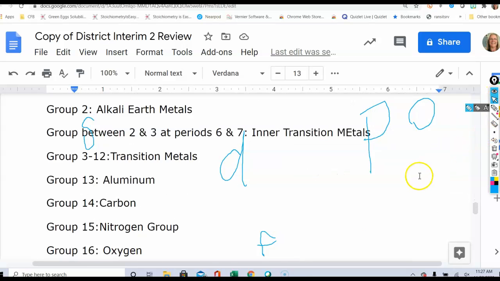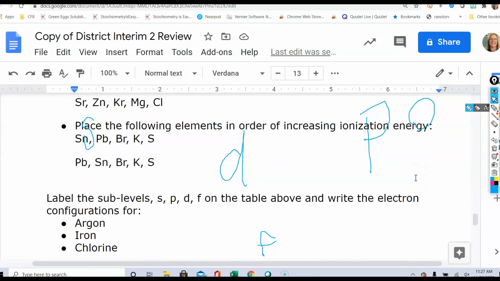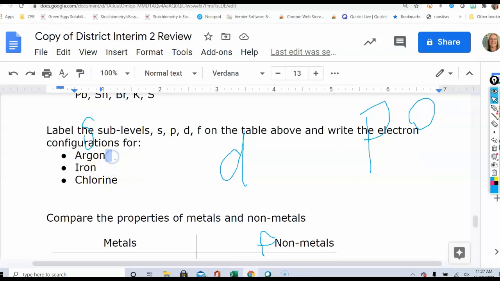So let's go do that one first. Yes, I know those things are still on there. Don't worry. So we would have 1s2, 2s2, 2p6, 3s2, 3p6. We stopped at 3p6 because that's where argon goes.